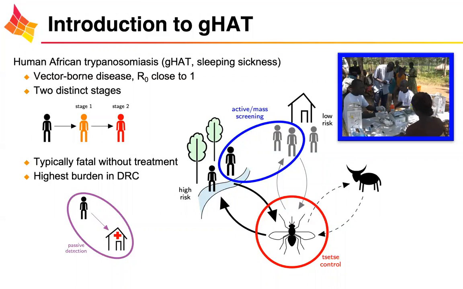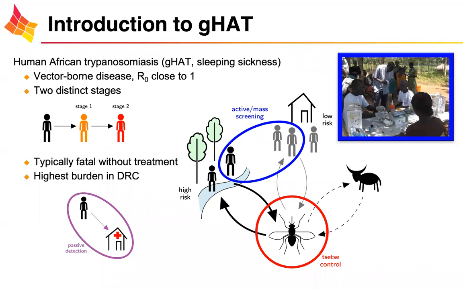Infected humans go into two different stages, and they would unfortunately die if they are left without treatment. However, the reproduction number is close to 1 for this disease, and thanks to the recent programs in DRC and in Africa in general, the prevalence has reduced a lot, and now it's targeted for elimination by WHO.